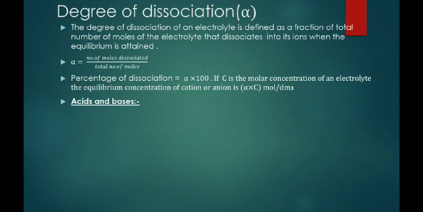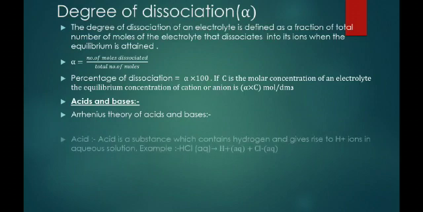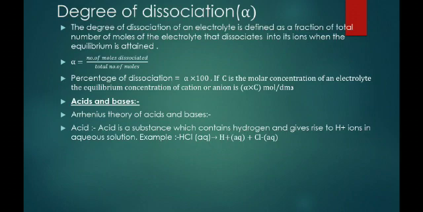Now acids and bases. First, we discuss the Arrhenius theory of acids and bases. Acid is a substance which contains hydrogen and gives rise to H plus ion in aqueous solution. For example, HCl aqueous gives the H plus ion and Cl minus ion.